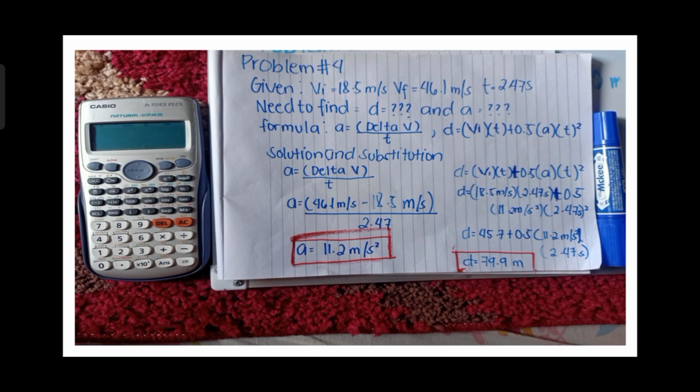D is equal to 45.7 plus 0.5 times 11.2 meters per second squared times 2.47 seconds squared. The final answer, or the value of distance, is 79.9 meters.